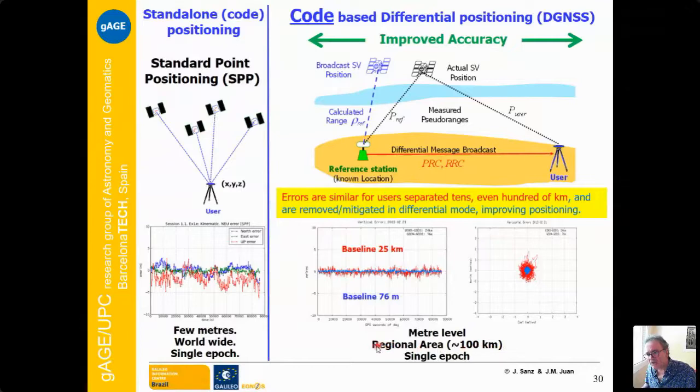There is a limitation in the baseline. Here it is worldwide, but here we have to be close to the reference station. Using a smoothed code, we can achieve meter level up to 100 kilometers from the reference station.